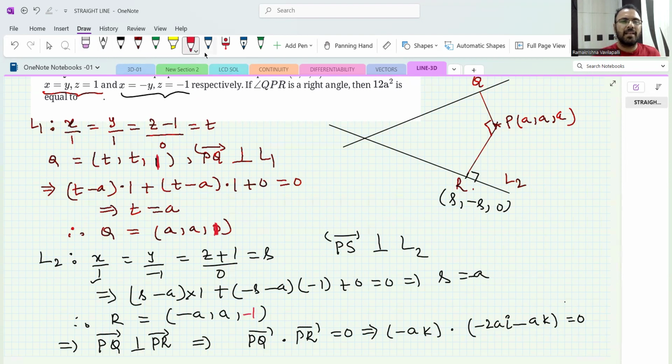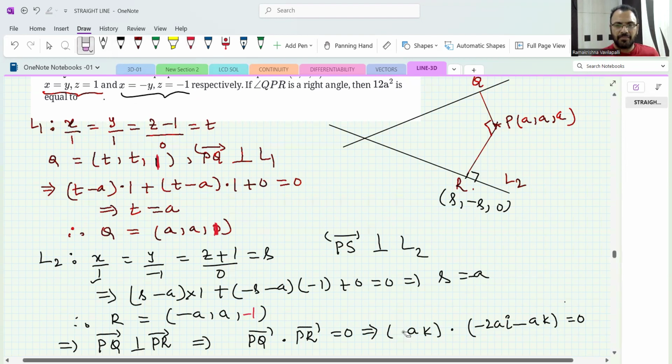Now the PQ bar vector is perpendicular to the PR bar vector.